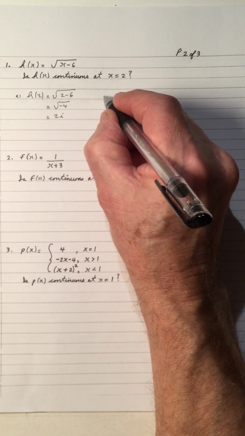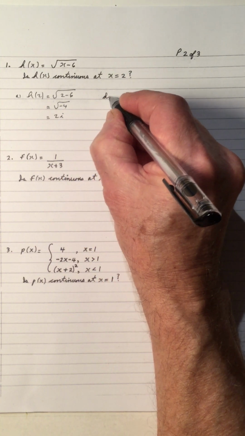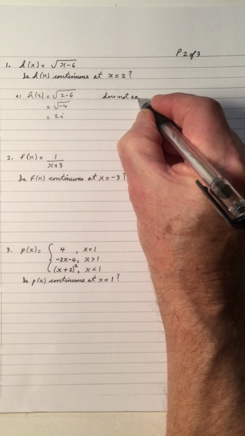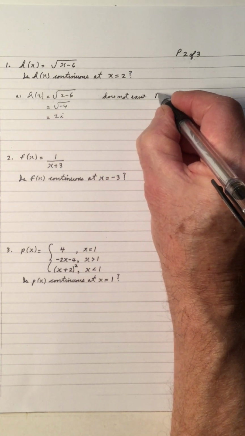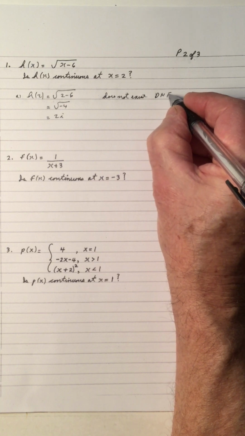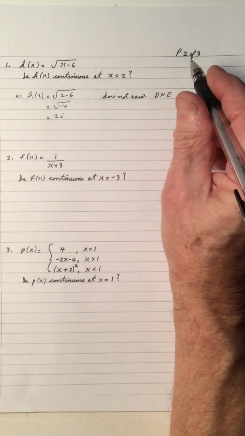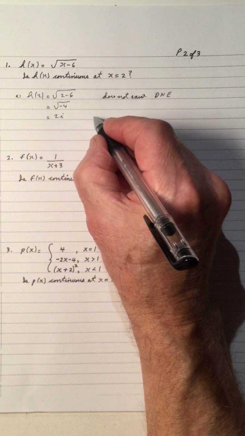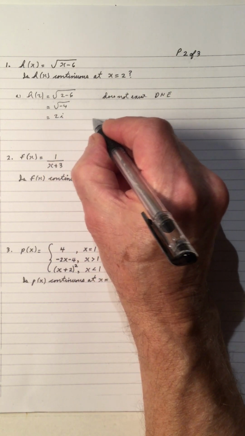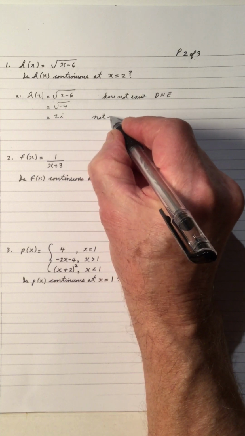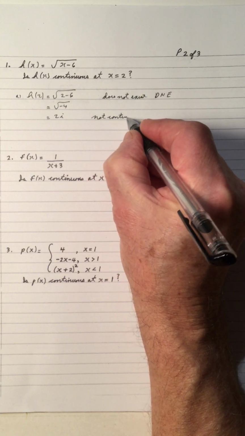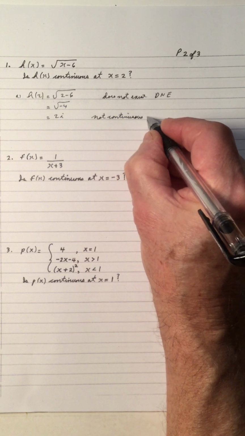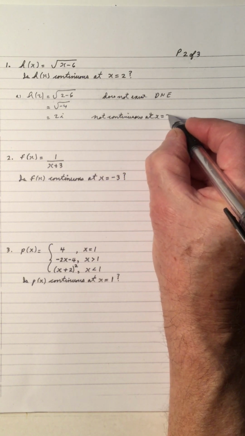So it does not exist, or we could say DNE, the limit does not exist. Because it's not true here, that means it's not continuous at x equals 2.